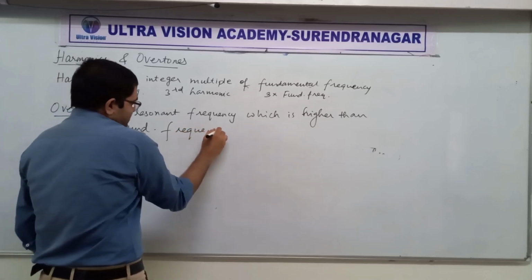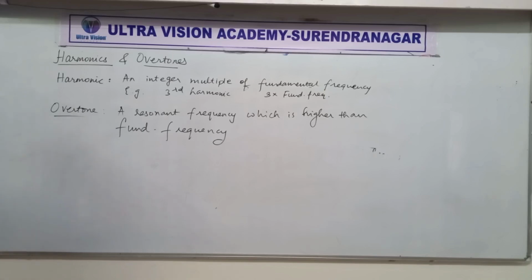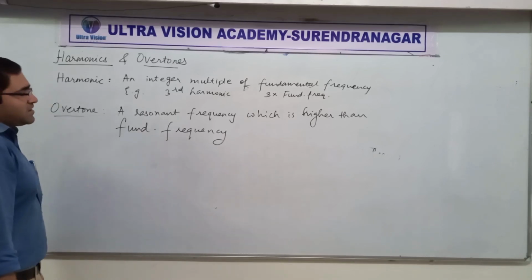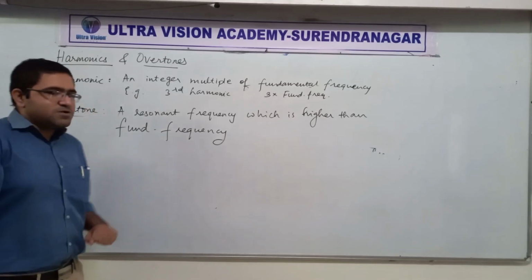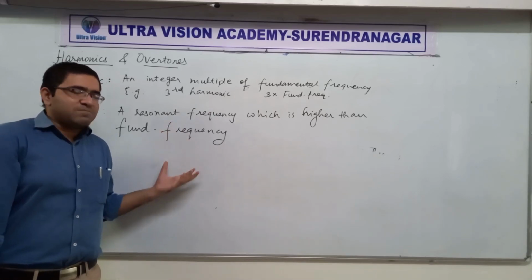It should be a resonant frequency that is higher than the fundamental frequency. That's the key thing. Higher than fundamental. Now, what about examples of overtone? That I'll give you as we make the list.